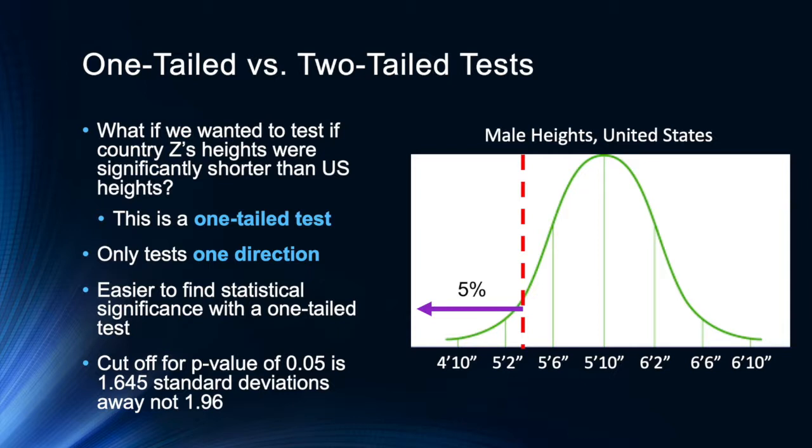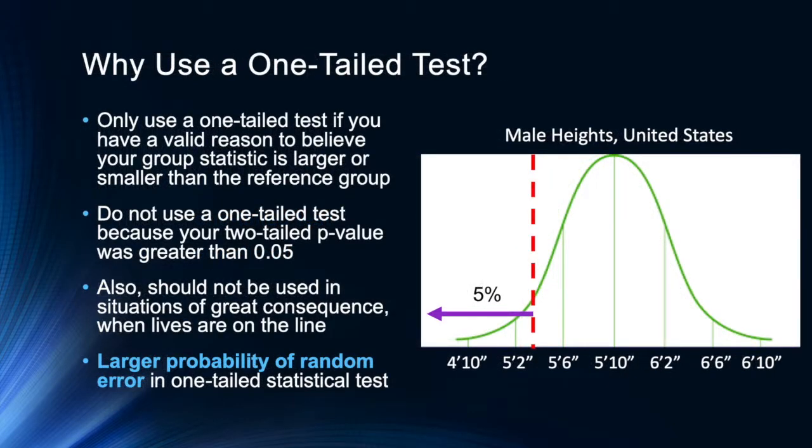So one word of caution, I said why you would want to use it. Do not use a one-tailed test if you can't tolerate a lot of error, because if you're wrong, if you assume incorrectly, there's a bigger chance that you are going to be wrong when you do a statistical test.